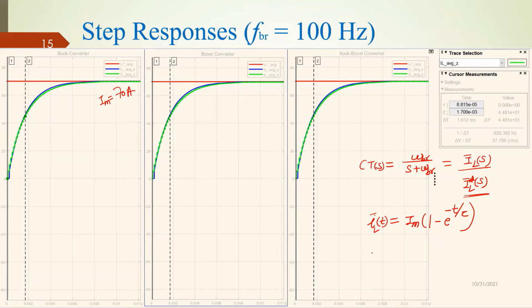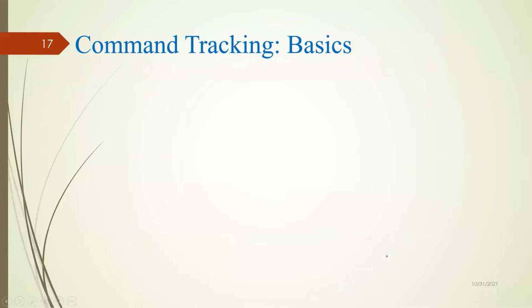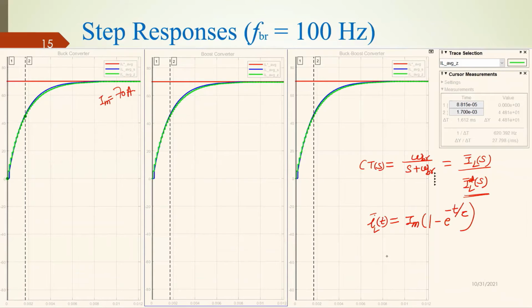If you compare these two transfer functions, you see that tau is equal to 1 over omega br, so this is your time constant for your closed loop command tracking plot in time domain.